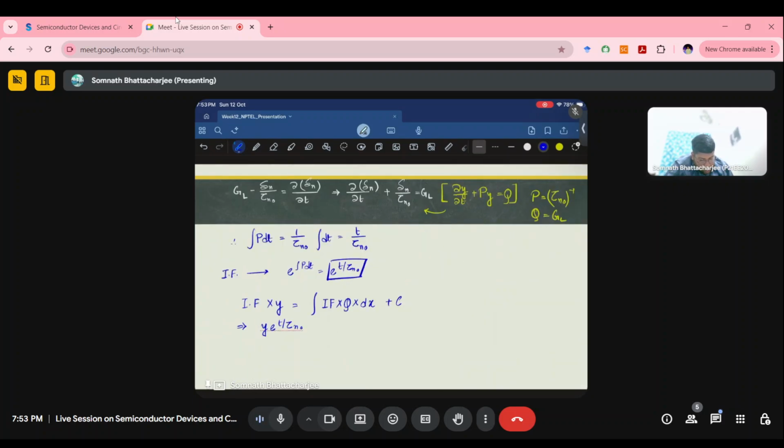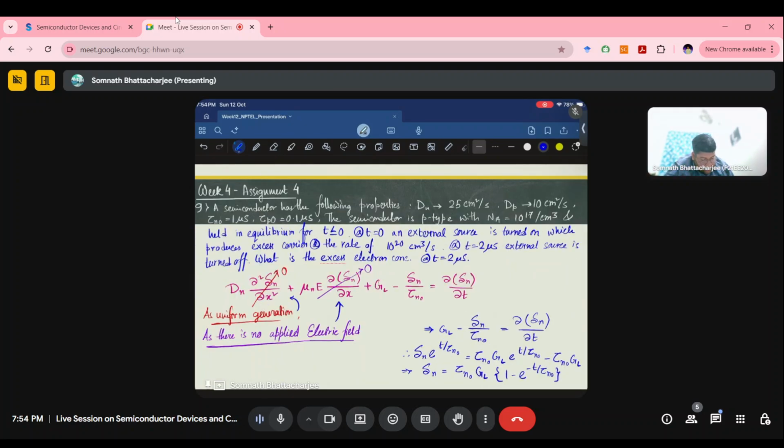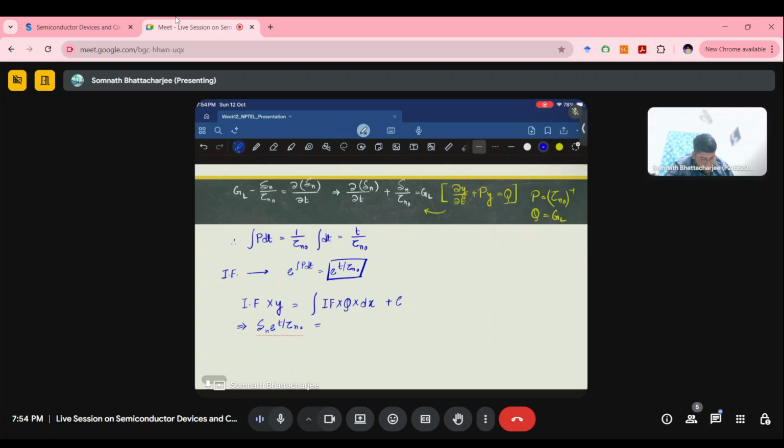Let me remove the y for now, because we know that y was del n. So let me write it directly. Previously what we had is del n e to the power of t by tau n naught. Then the integration will be e to the power t by tau n naught GL dx, and dx was dt, right? So this will be dt. Now we have to integrate because e to the power t by tau n naught is there, plus C, and we have to find out what C is as well.